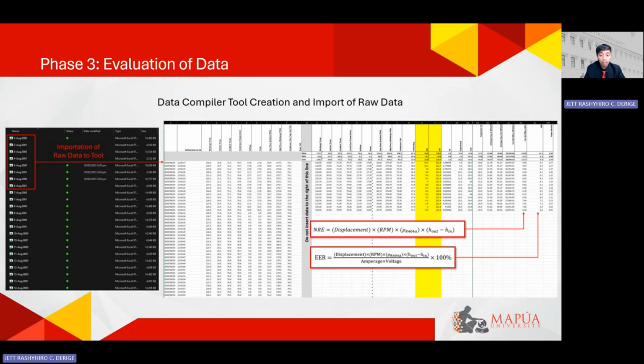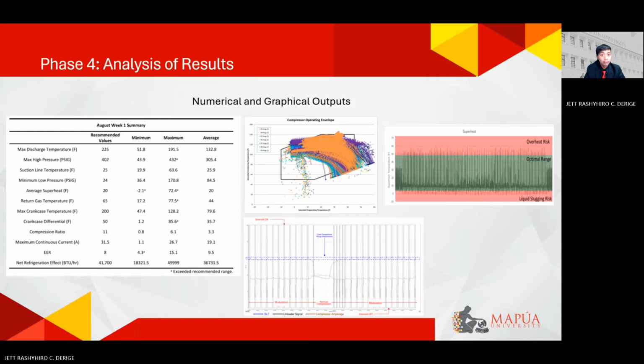And the formulas are embedded in the cells as shown. So after the data has been inputted on that tool, we expect these outputs as you can see on the figures on your screen. This will be explained on the later slides.